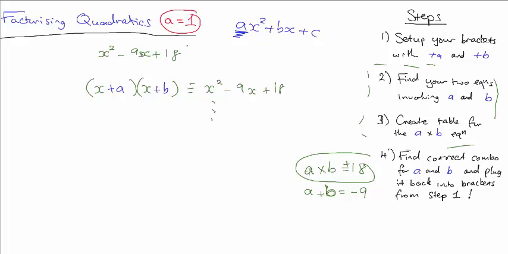So either negative times negative, or positive times positive. No other way. One can't be positive and one negative, because then it wouldn't multiply to give you a positive. That would be a negative.